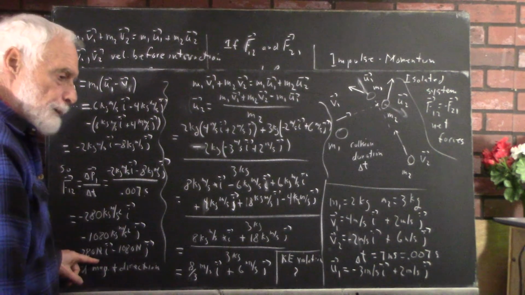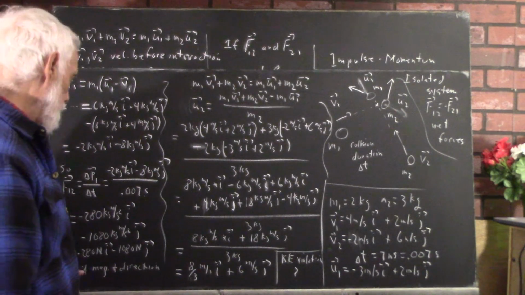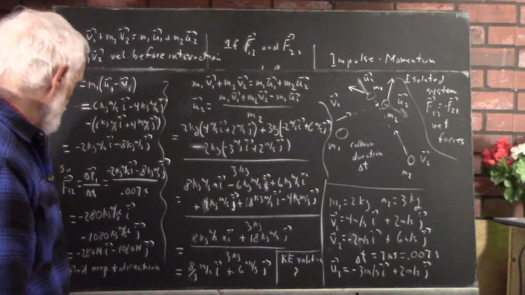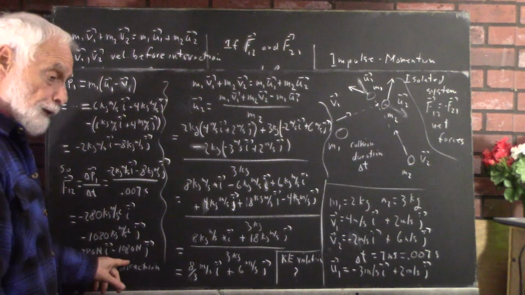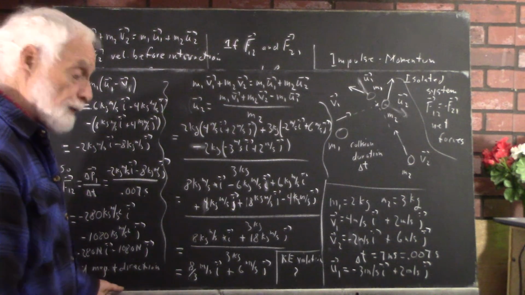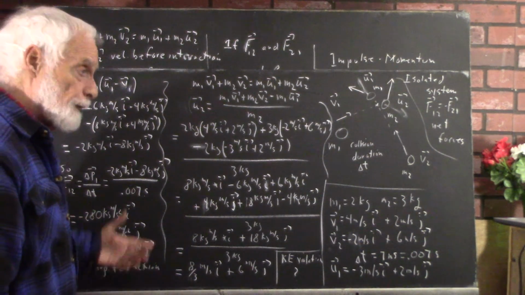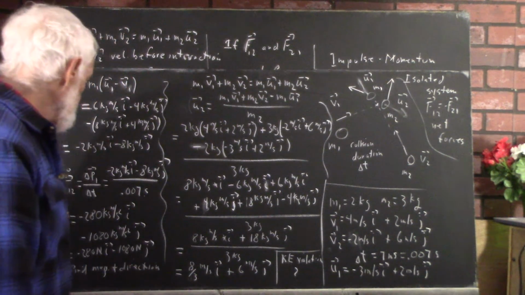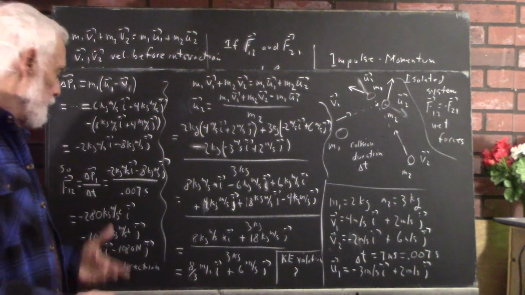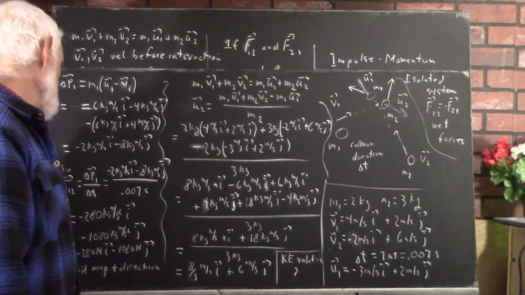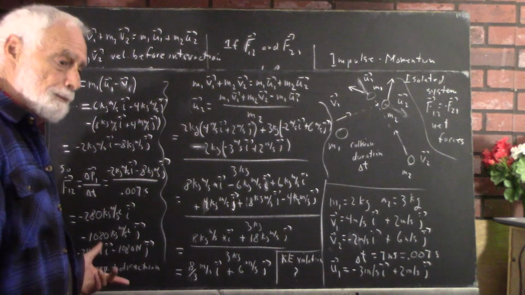Since the I component is negative, we're going to have to add 180 degrees to the arctangent. And we use the Pythagorean theorem to find the magnitude, and there we've got it, if we're asked for that. The magnitude of this force is probably around 1,200 newtons.